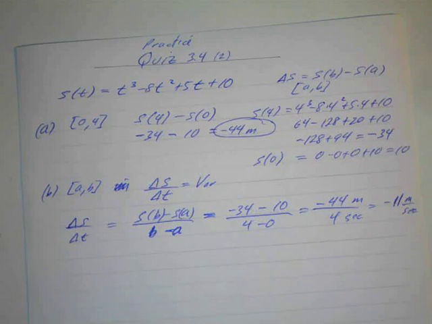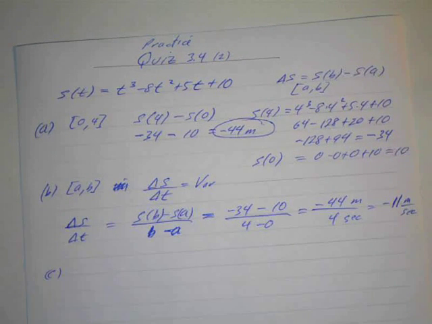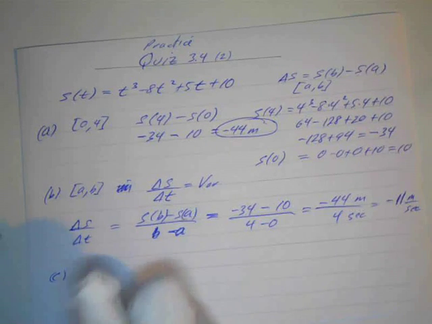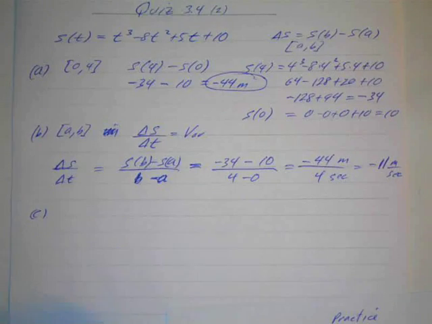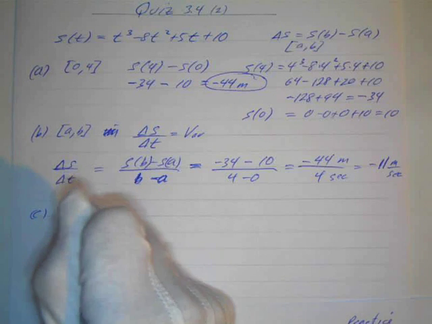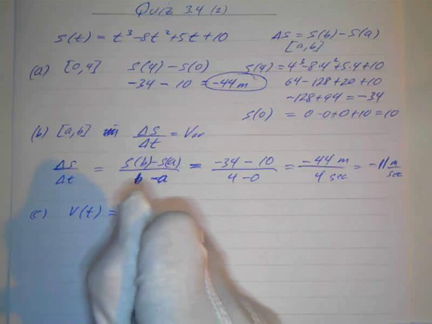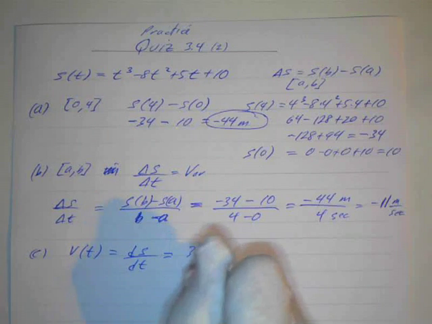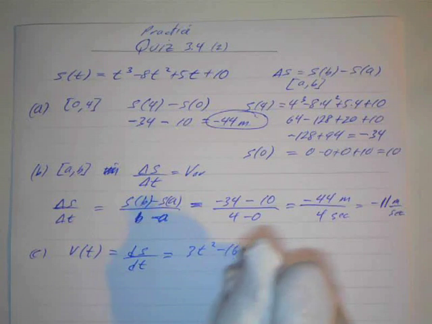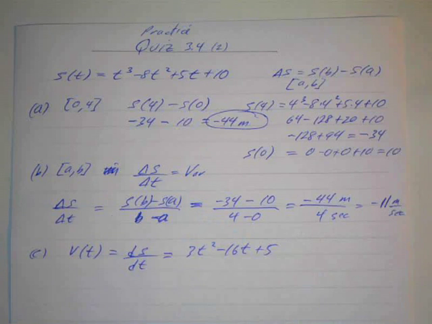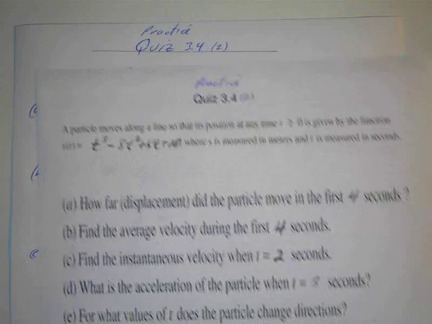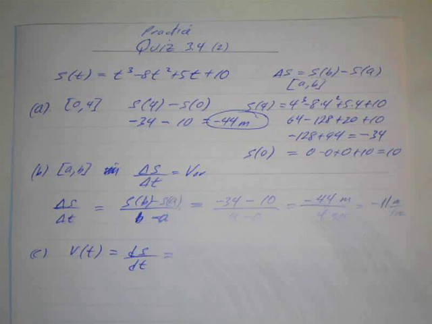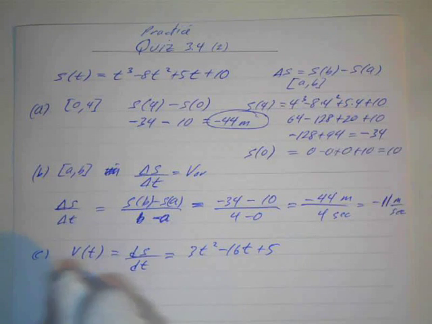Then find the instantaneous velocity. Well, remember, the instantaneous velocity is just v of t, and v of t equals the derivative of the position function, ds dt. That's just the derivative of this polynomial, which is very easy: 3t squared minus 16t plus 5. We want to find the instantaneous velocity when t is 2, right over here, part C. So we want to find v of 2.